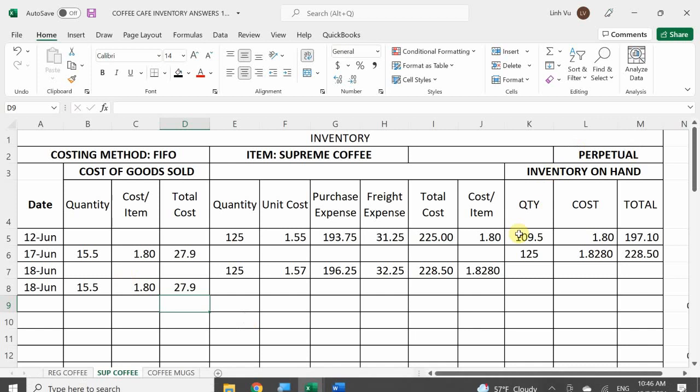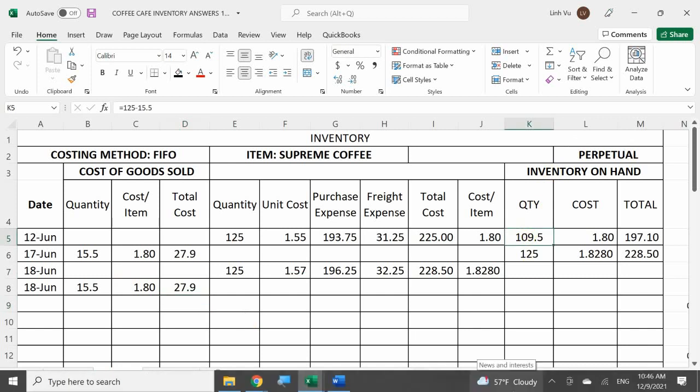So now I need to update my inventory because I'm at 109.5 minus another 15 and a half.